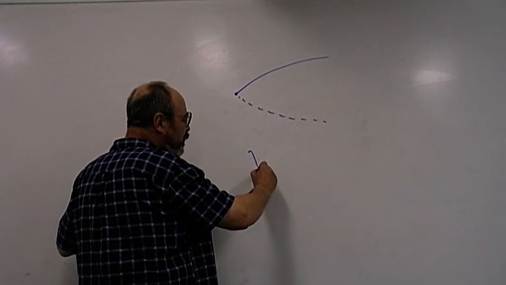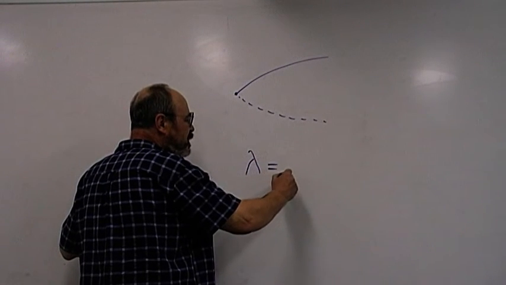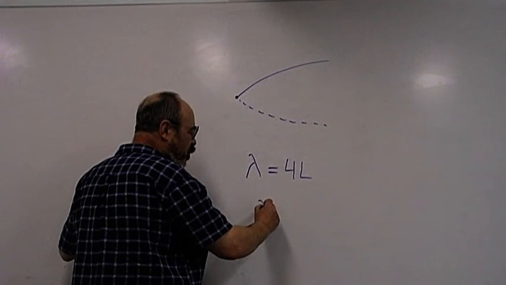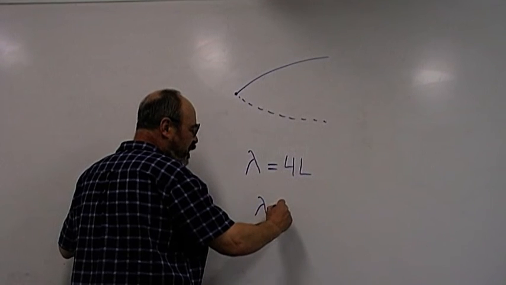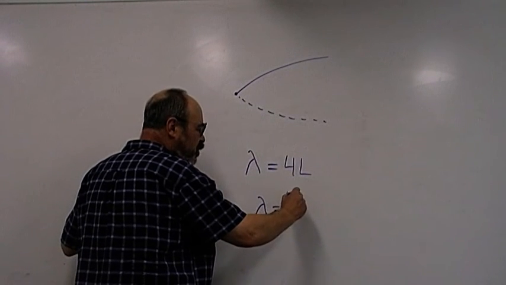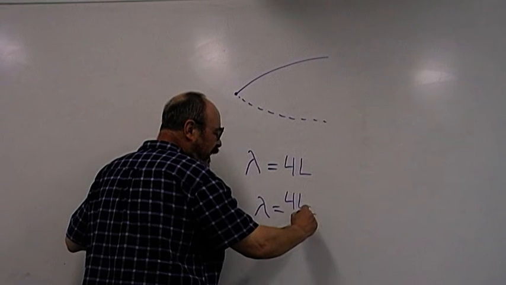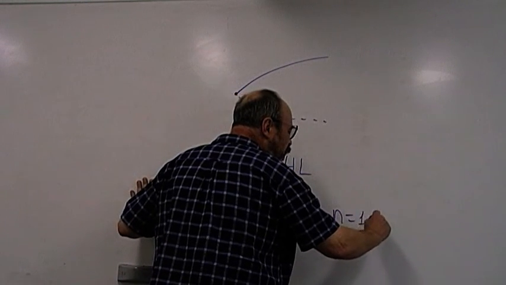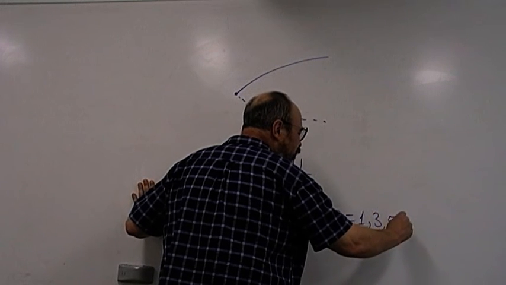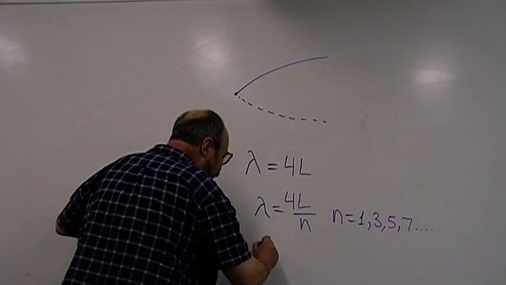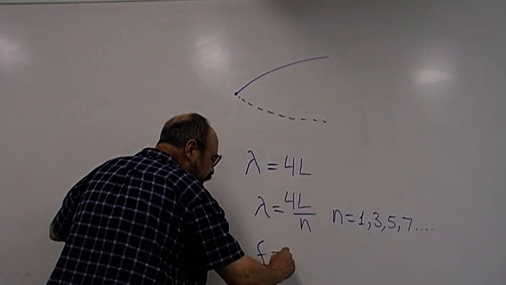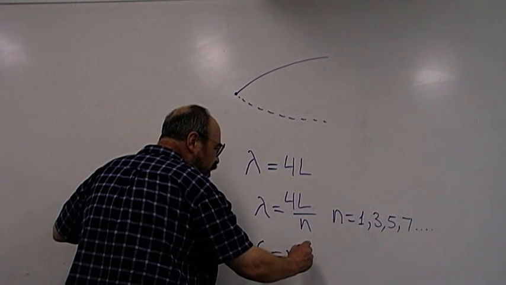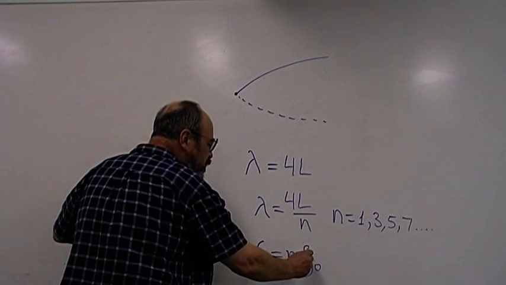The fundamental, the longest wavelength, was equal to 4L, and all the higher harmonics that could form standing waves were 4L over N, but N was only an odd number: 1, 3, 5, 7, and so on.